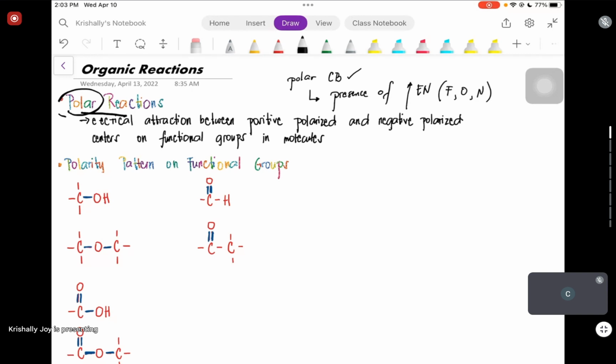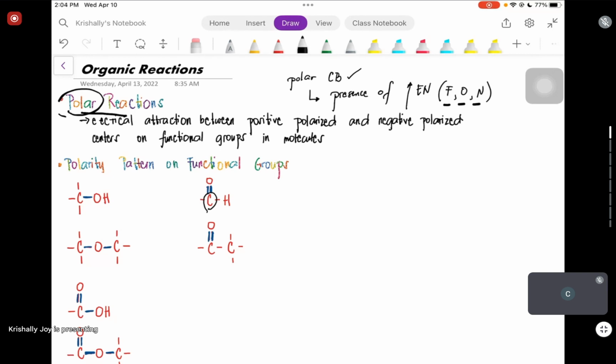These are examples of highly electronegative atoms. So whenever a carbon atom in an organic molecule is bonded to a highly electronegative atom, then that bond connecting the atoms is a polar covalent bond.